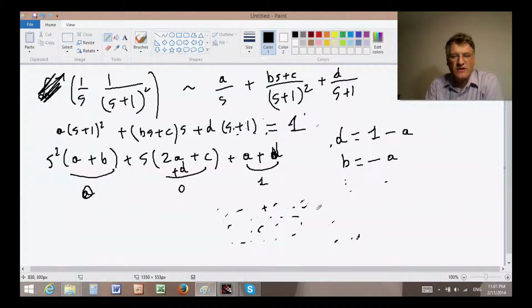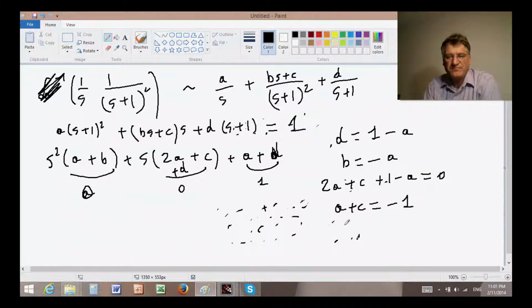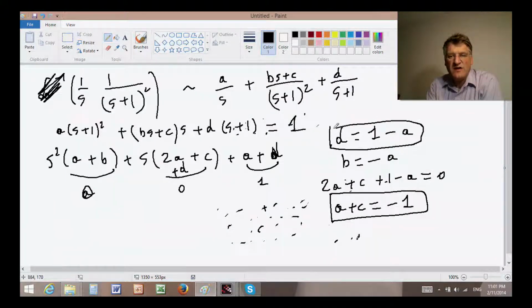Now we can plug this into the middle, and we get that 2A plus C plus 1 minus A is equal to 0, or in other terms, A plus C is equal to minus 1. So we have one relationship here, another one here, and another one there.